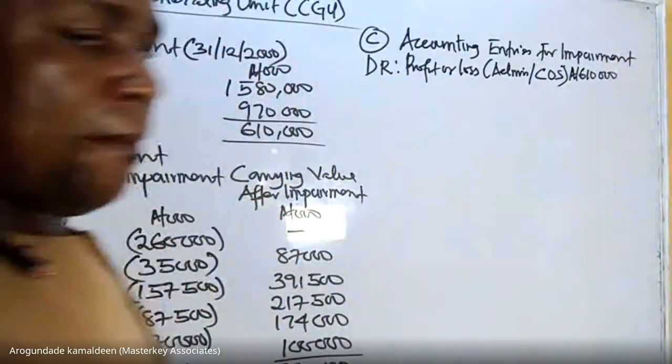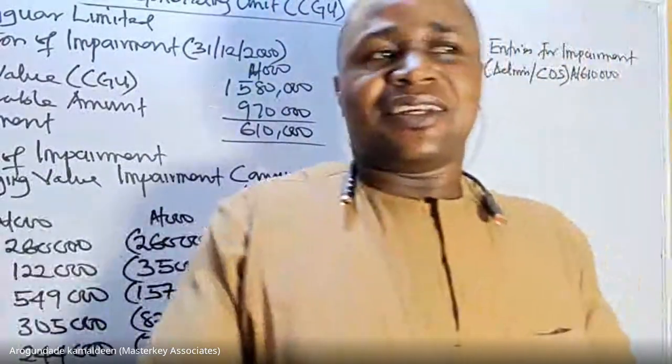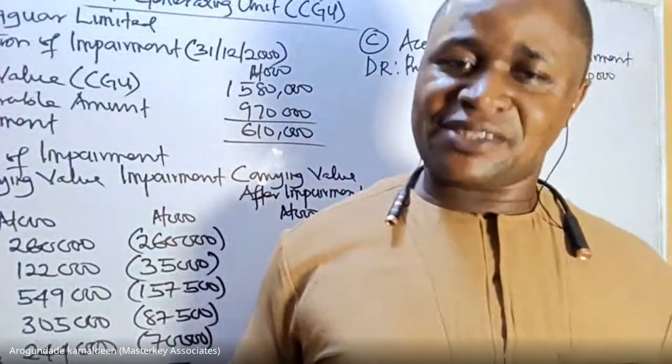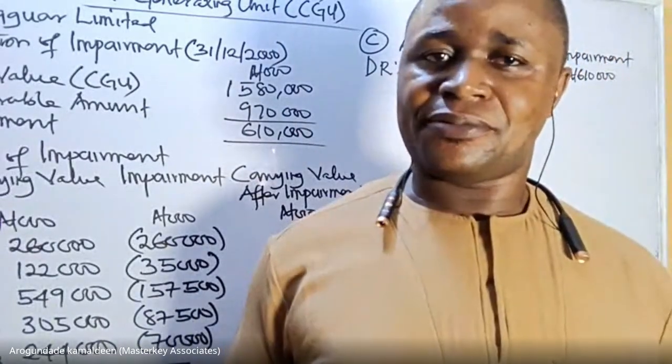Okay, Mr. Noah, go on. Good afternoon, sir. Sir, I wanted to find out that if there is a damaged asset to the tune that is more than the impairment, what will happen? Of course, nemo dat quod non habet in business law: you can't give what you don't have.